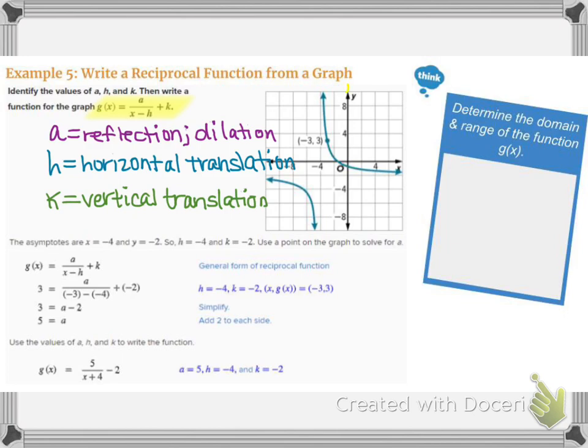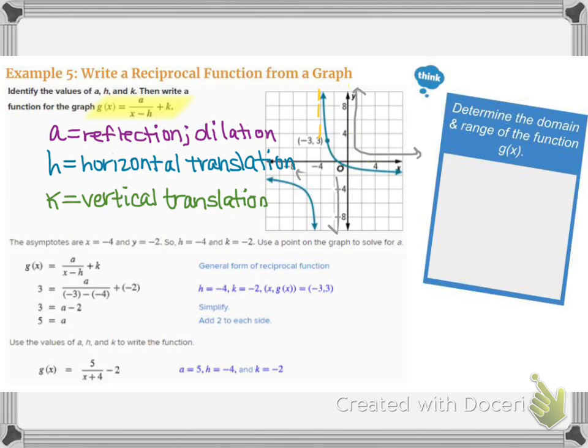The other thing you need to know is the parent function. If I was to graph the parent function on this, I would have my asymptotes on the axis, and then I'd have my shapes over here. So then comparing, you can see there hasn't been any flips. These shapes are going in the same direction as the parent.